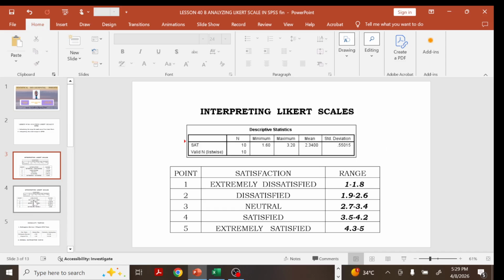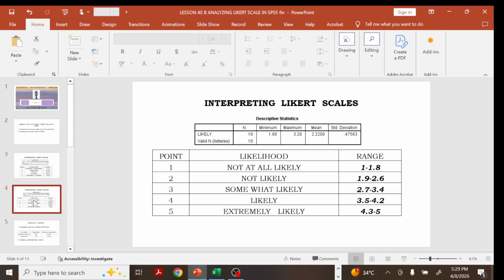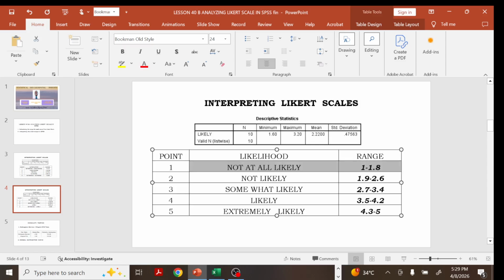Then the next one is we're going to see the questions on likelihood. For the question of the likelihood, of course, we start by looking at 1.6. 1.6 falls between 1 and 1.8, which is the minimum.